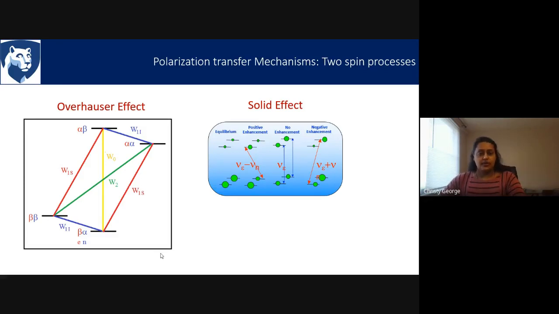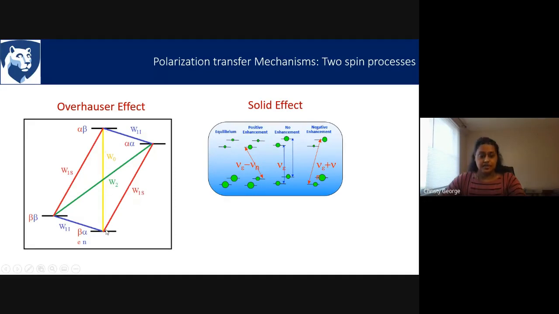Now, to achieve an Overhauser effect, we saturate the EPR transitions. Upon saturating the EPR transitions, the system will try to come back to equilibrium through relaxation processes. And the relaxation processes can take place either through double quantum processes or through 0 quantum. Now, if the double quantum transition is the leading mechanism for relaxation, that will lead to a negative sensitivity enhancement in the NMR transition.